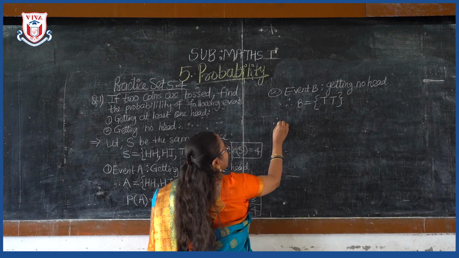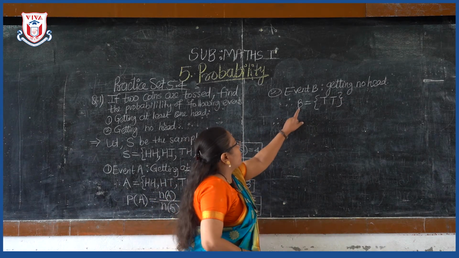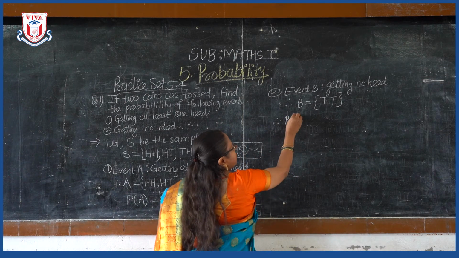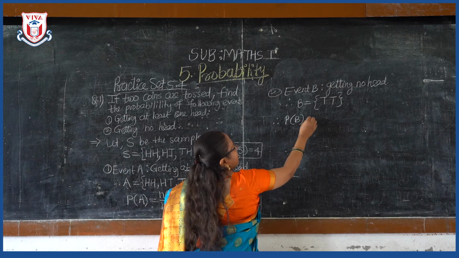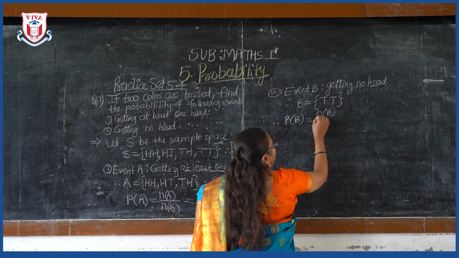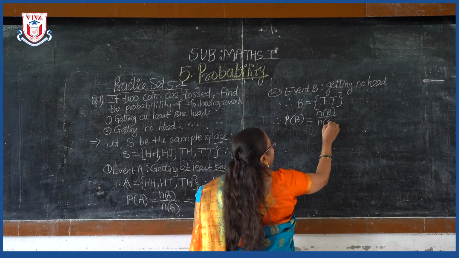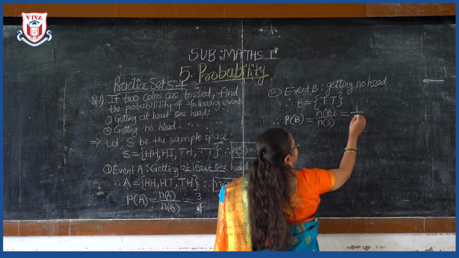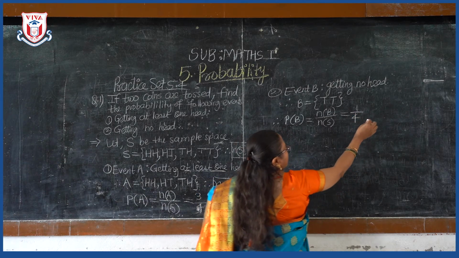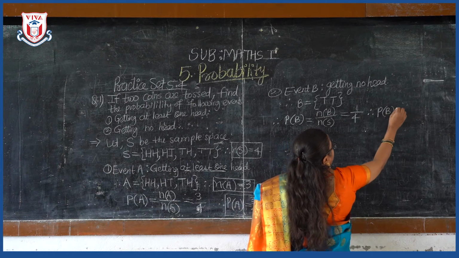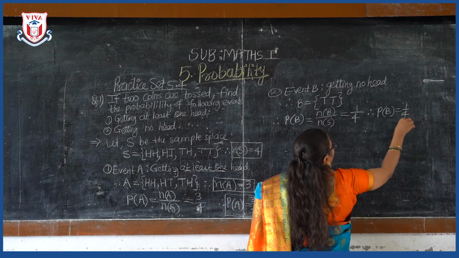Then write the formula. We have to find the probability of event B, written as P(B) = n(B) upon n(S). So n(B) is 1 and n(S) is 4. Therefore probability of event B is 1 upon 4.